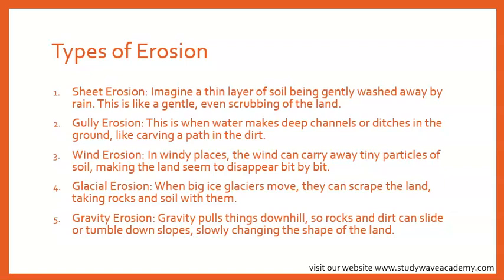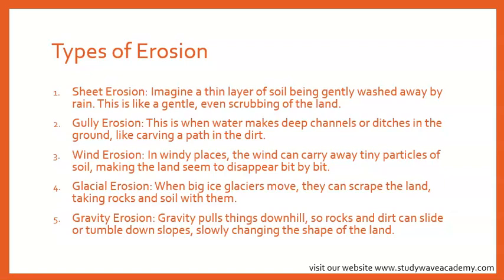Glacial erosion. When big ice glaciers move, they can scrape the land, taking rocks and soil with them. In icy places, glaciers scrape and shape the land, moving rocks along. Okay? Gravity erosion.